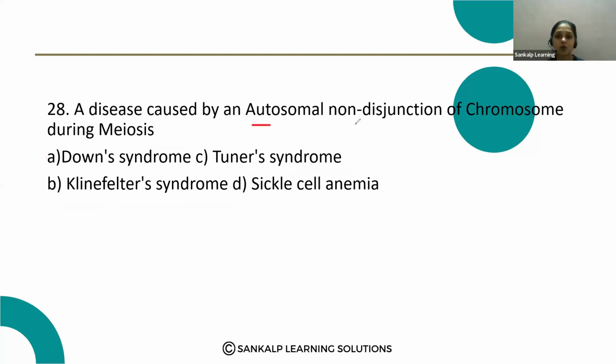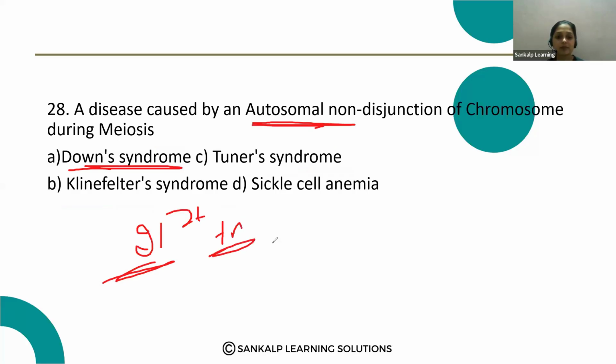But here, autosomal non-disjunction causes Down syndrome. The 21st chromosome becomes trisomy, meaning three chromosomes will be there. Chromosomes are always in pairs, but the 21st chromosome becomes trisomy. Because of that it is caused, so it is called Down's syndrome.